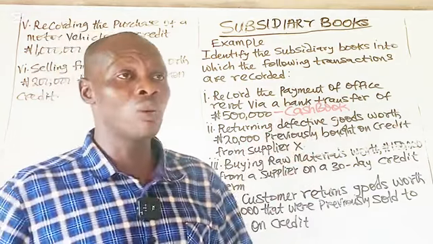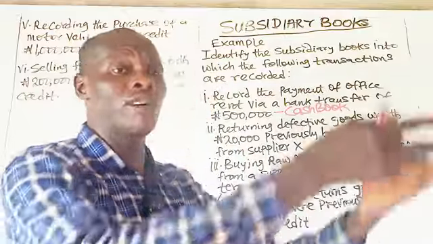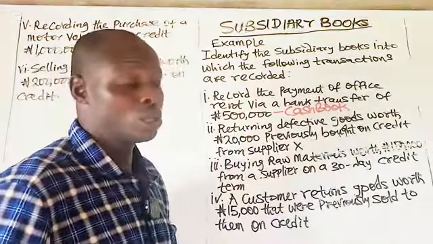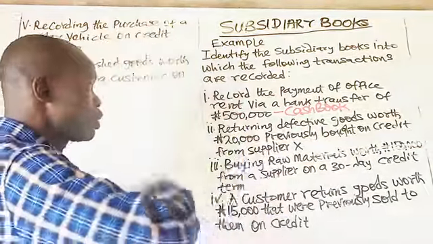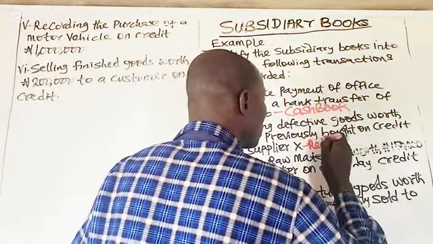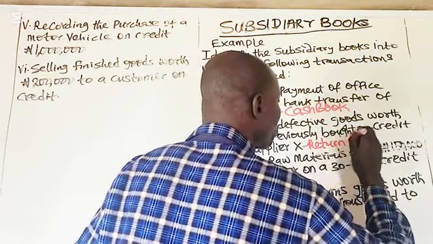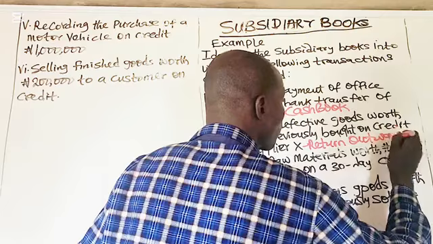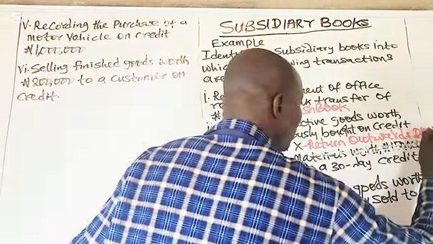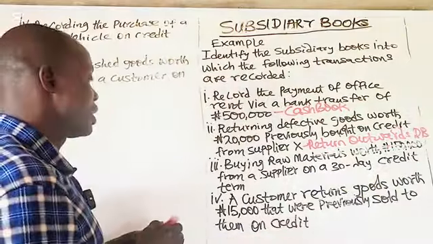The business is the one returning them out. They are going out from the business, so it is return outwards. So we have return outwards daybook. DB means daybook.